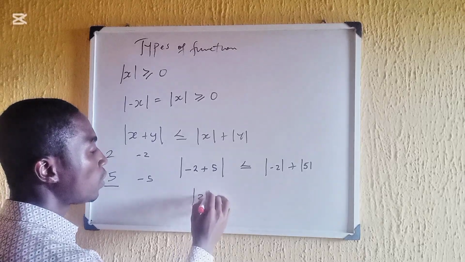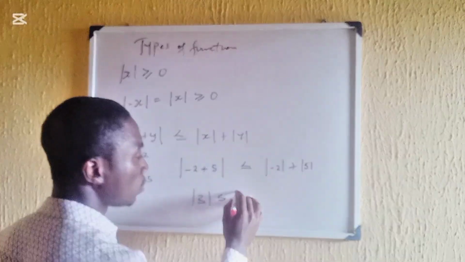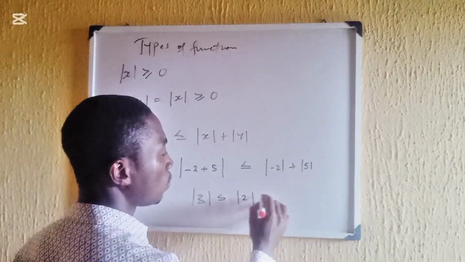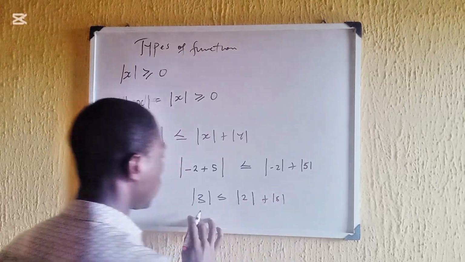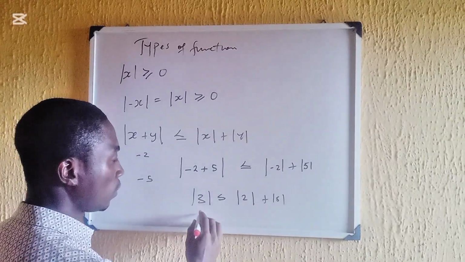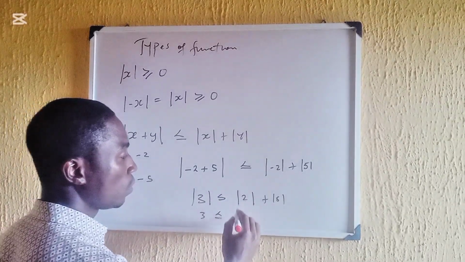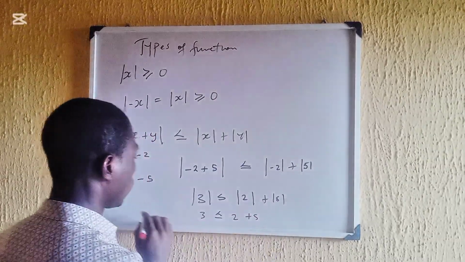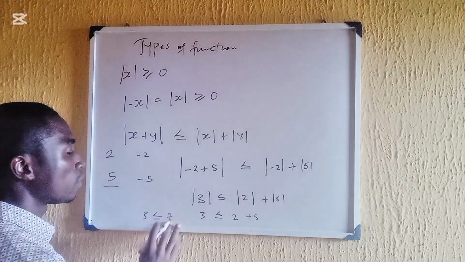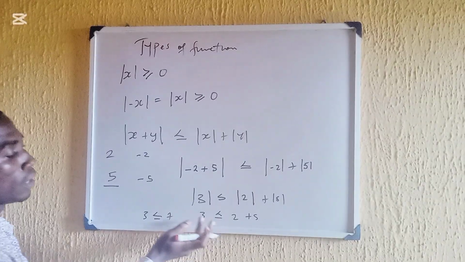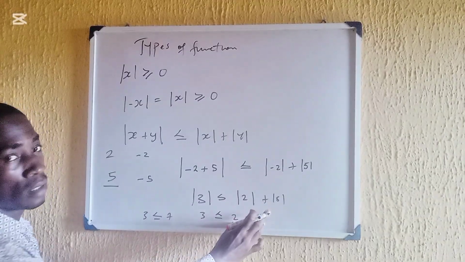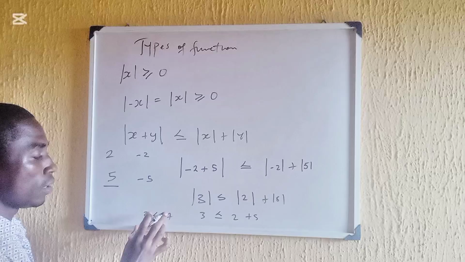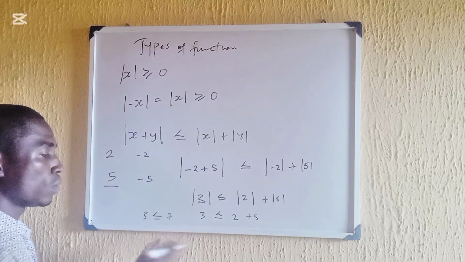So modulus of 3 less than or equal to modulus of 2 plus modulus of 5. And we'll be having 3 less than or equal to 2 plus 5. 3 less than or equal to 7. So it's clear that this is lesser than this. So we're having 3 less than 7. It's not equal to 7.